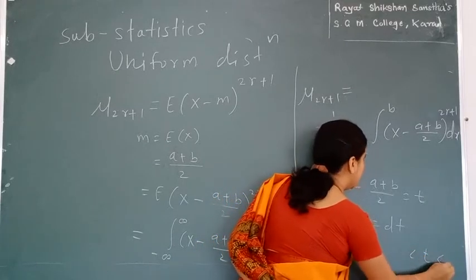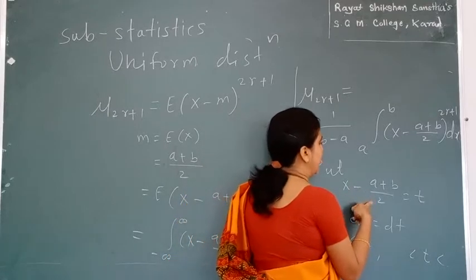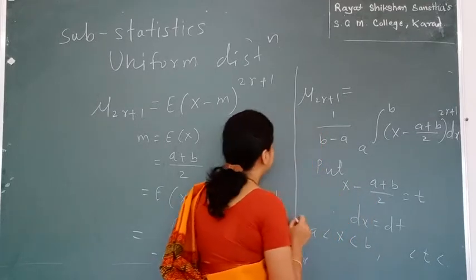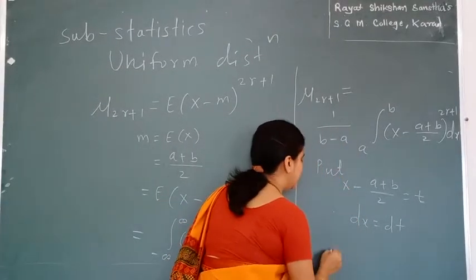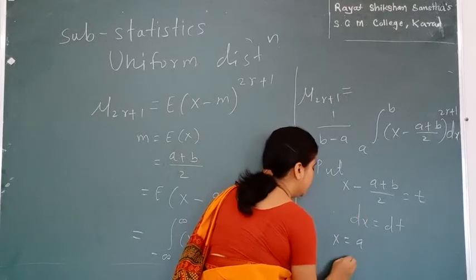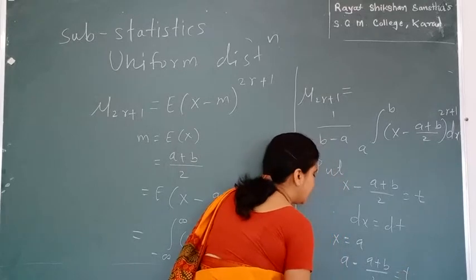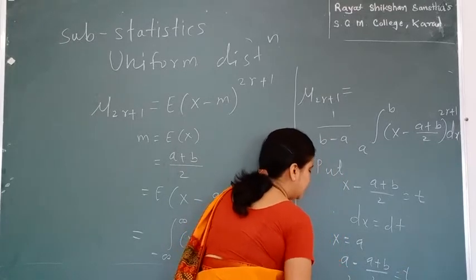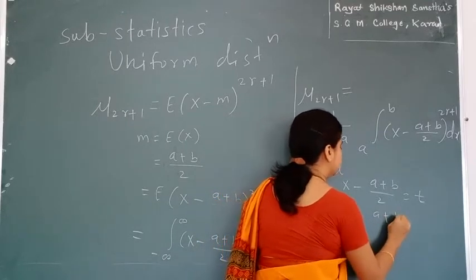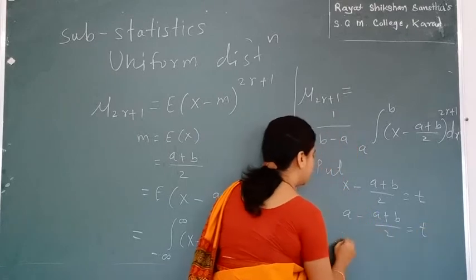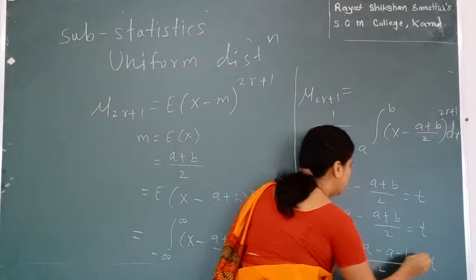If I put the value of x as a, we get a minus (a plus b) by 2 is equal to t, and after solving this we get (a minus b) divided by 2 is equal to t.